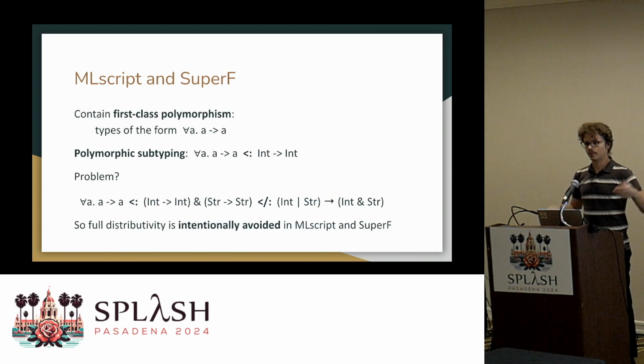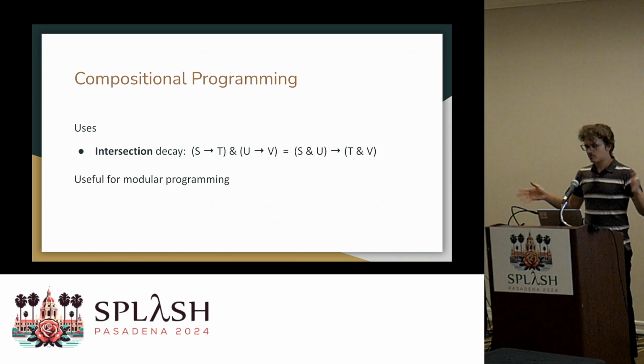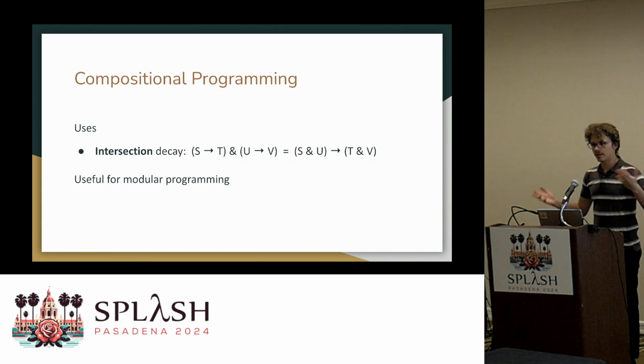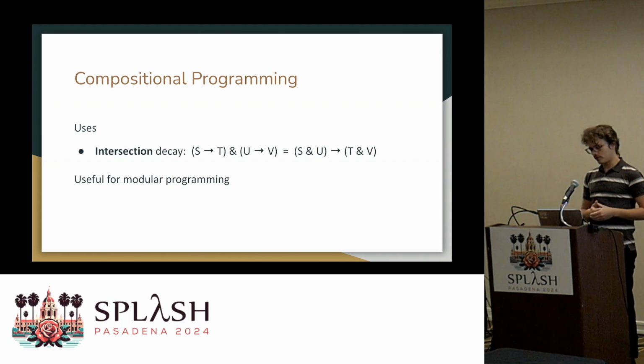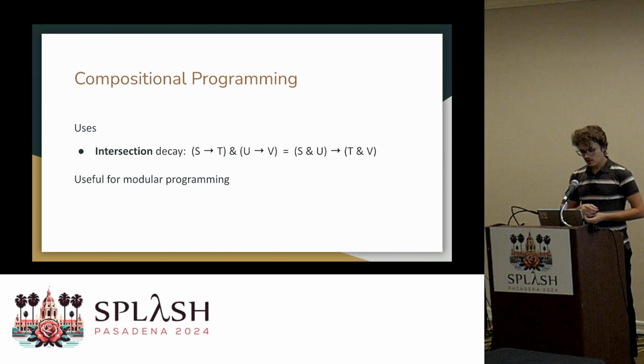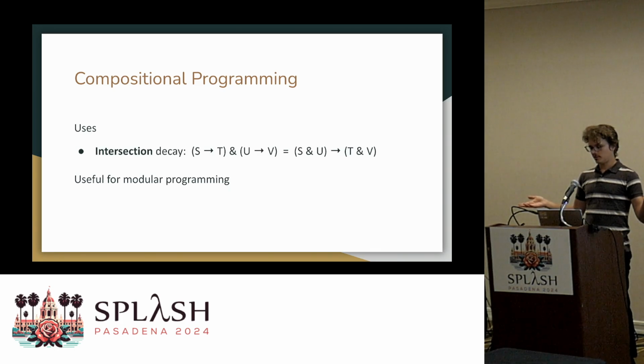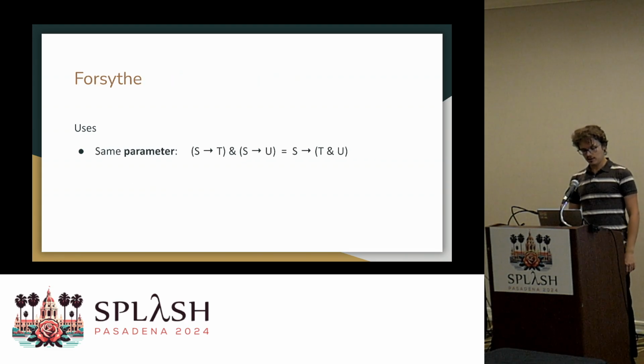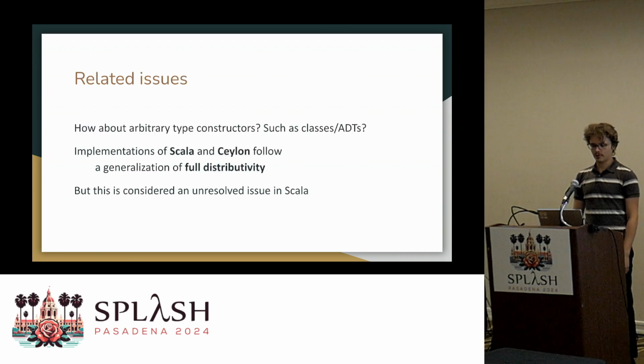But here it's no longer the case. But still, it's not really clear what you should actually do in practice and what are the implications. So there are also other approaches like compositional programming, a research language, where intersected function types decay into intersections on both sides. It's fine. And Forsythe, as I mentioned before.